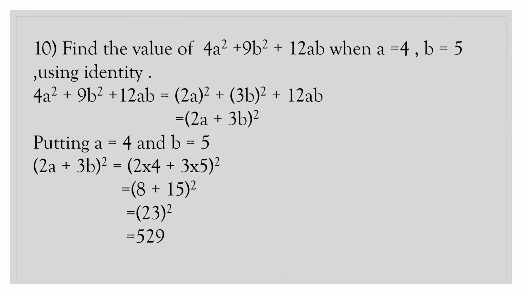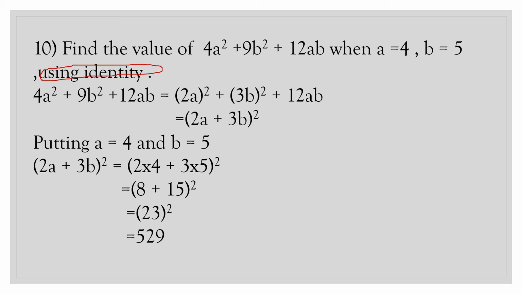Now coming to another type of question where you are given a trinomial, you have to find its value where the values of a and b are given as 4 and 5, but the main thing is that you have to use an identity.